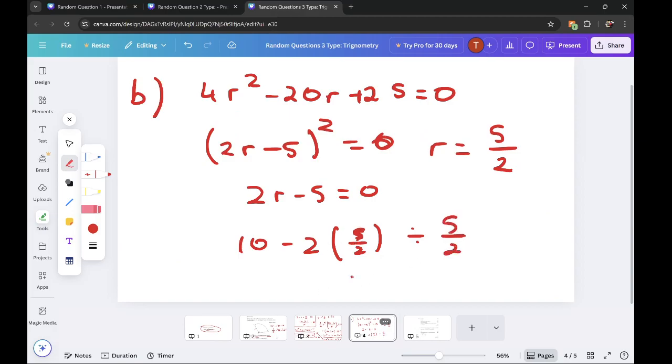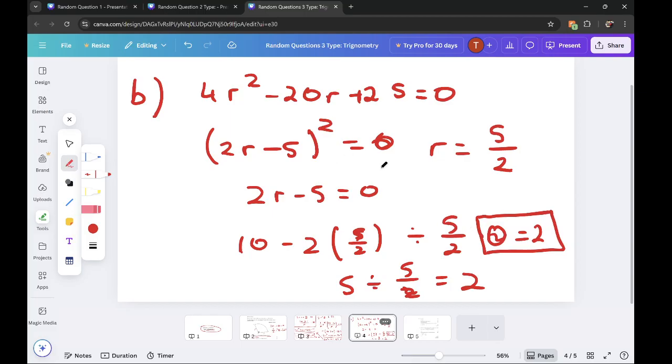This simplifies to 5 divided by 5 over 2, which is just 2. So theta is equal to 2. That's it. r is equal to 5 over 2. Theta is equal to 2.